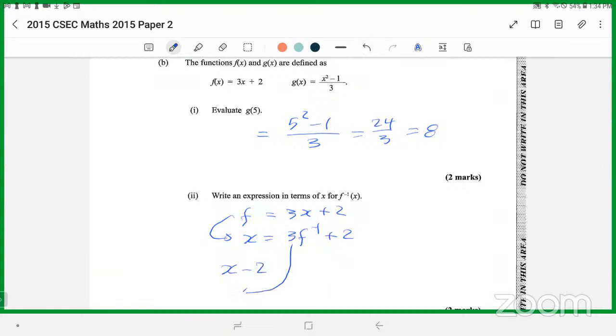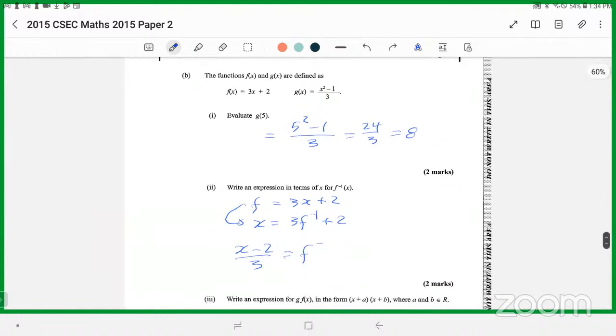Then divide by the 3, that leaves us f to the minus 1. So basically, that is it. This means that f to the minus 1 of x is equal to x minus 2 over 3. That's the answer right there.